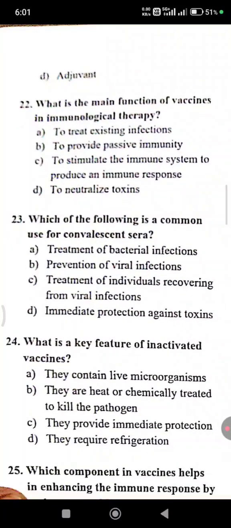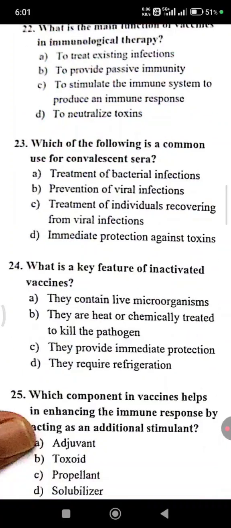What is the main function of vaccines in immunological therapy? That is option C, to stimulate the immune system to produce an immune response.